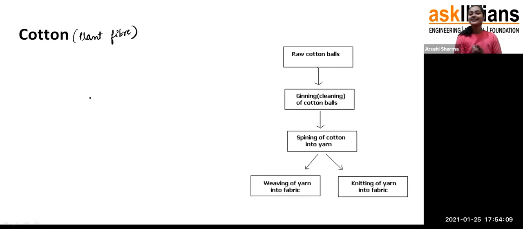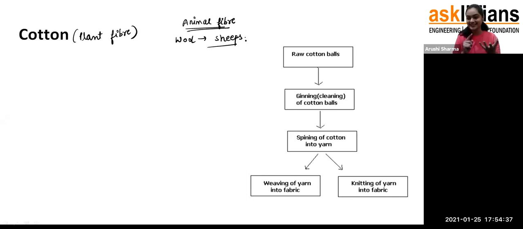Actually, one question comes to my mind. If we have plant fiber, we also have animal fiber. Can you guess any name of an animal fiber? It would be wool, which we get from sheep. Sometimes I jumble up sheep and ship, so I have to focus at that point.